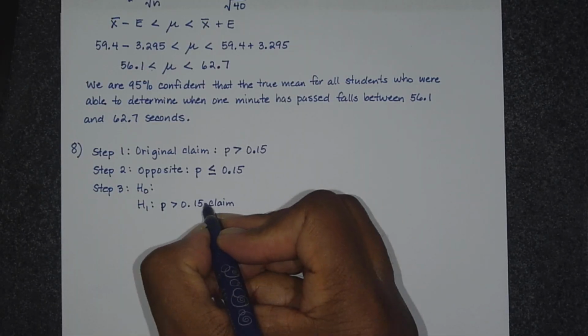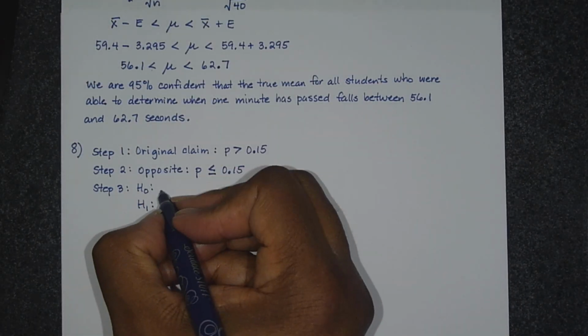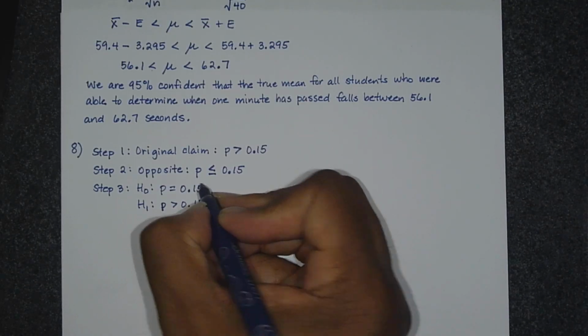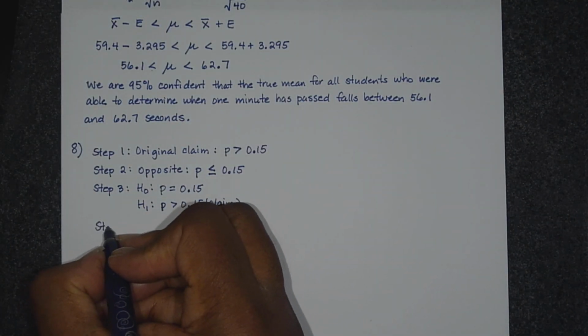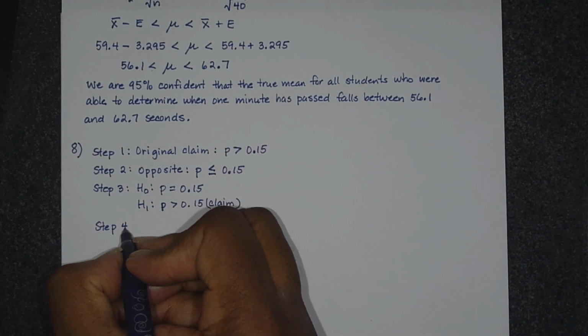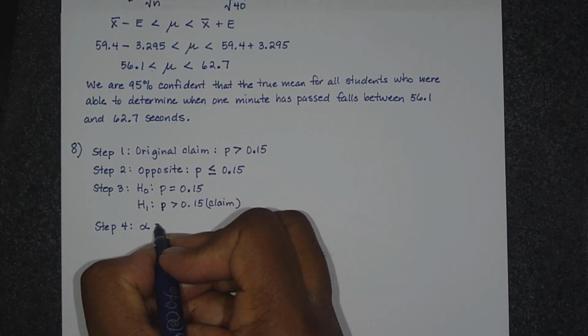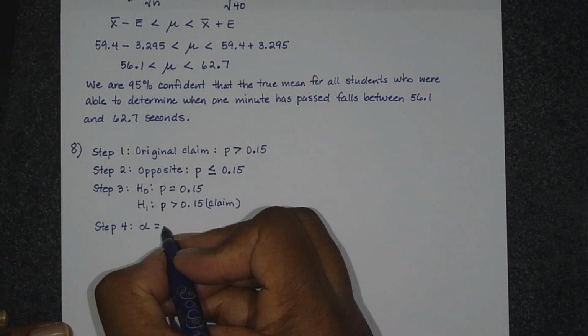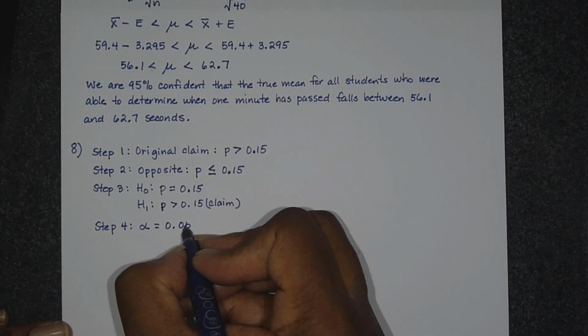That's going to be the claim, of course. So that means the null will have to be P is equal to 0.15. Now, step number 4 is our level of significance. So what's the level of significance here in problem number 8? 0.05.